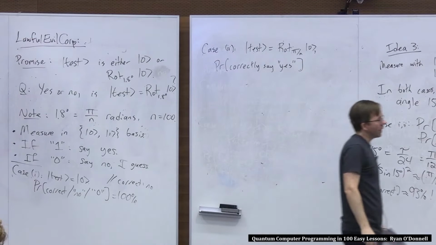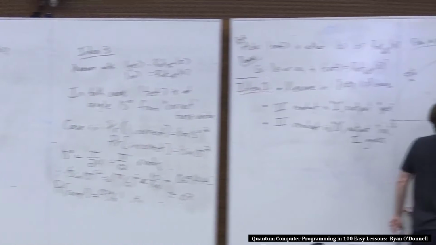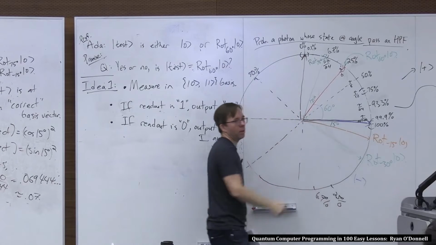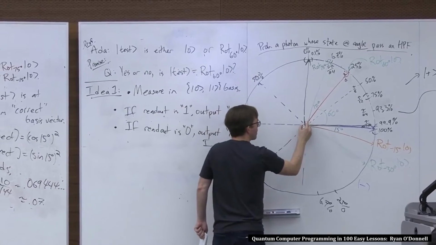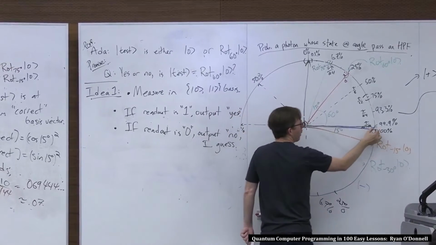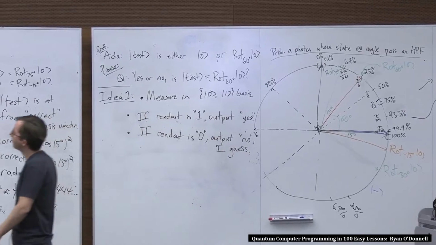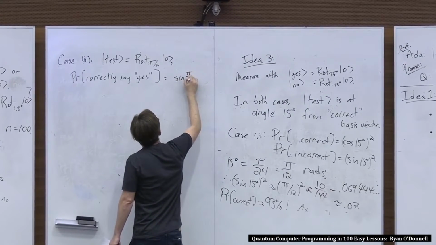So this is the true vector at angle pi over n, and what's the chance that if I measure in the standard basis, I'll get this one? It's this height squared, which as we know is basically the tiny angle. So it's sine squared of pi over n.